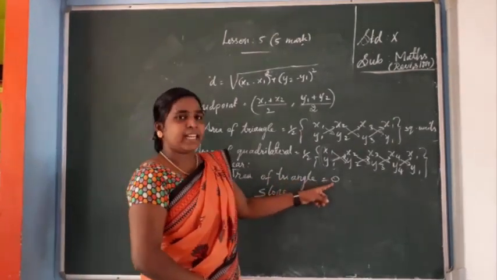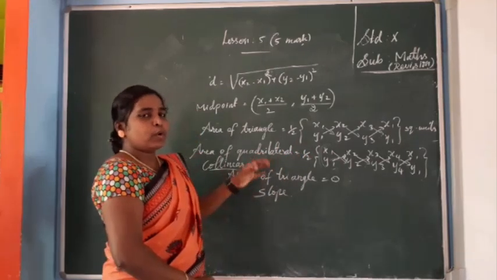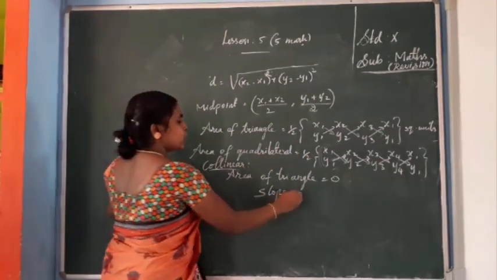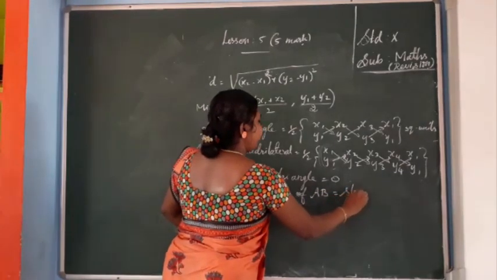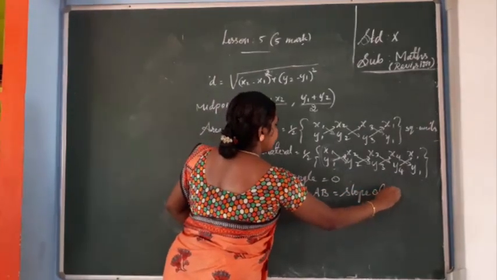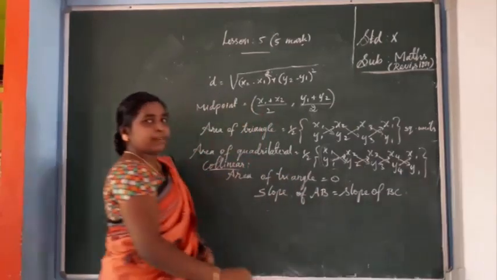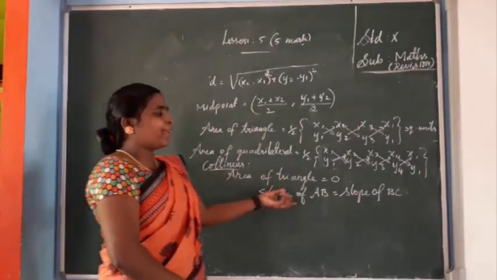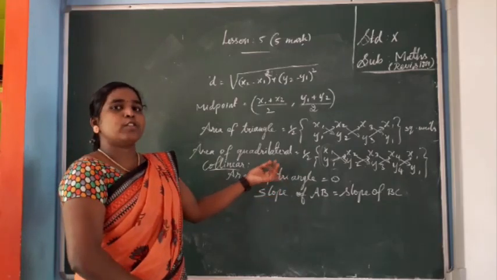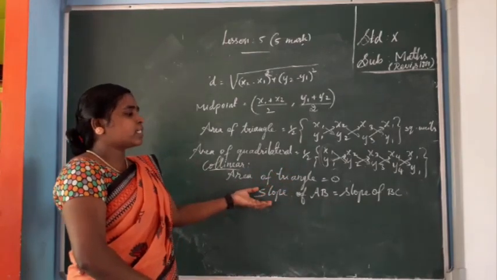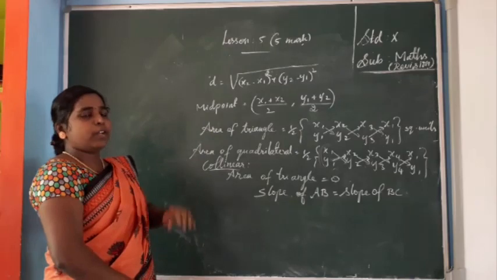If you get 0, you can say this is collinear. Another is slope of AB equal to slope of BC or AC. Any one you choose. Slope of AB equals slope of BC or slope of AB equals slope of AC means you can say the given points are collinear.